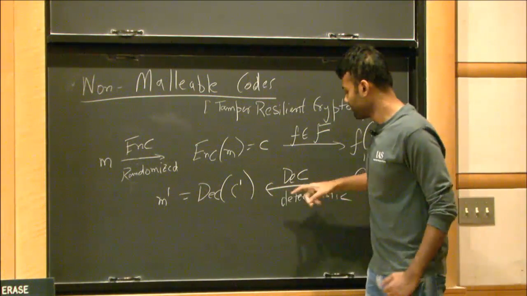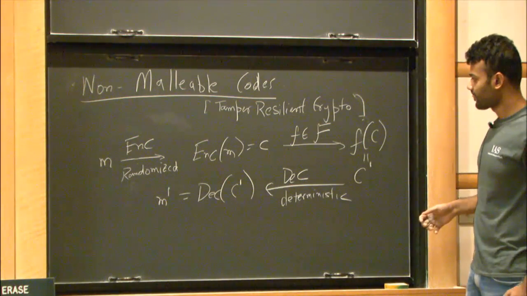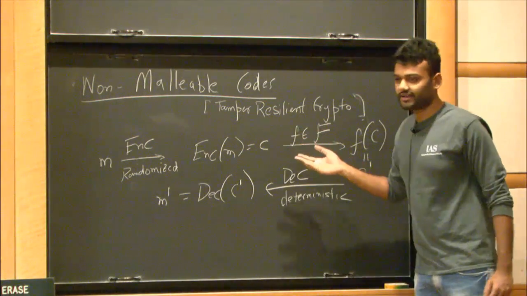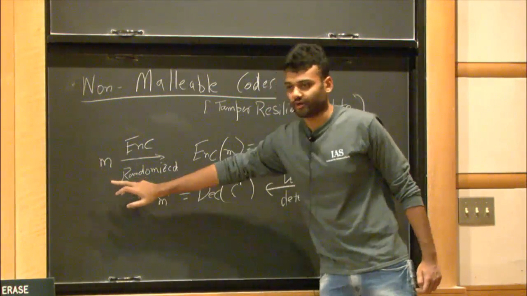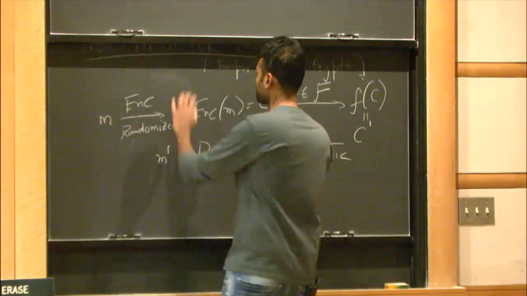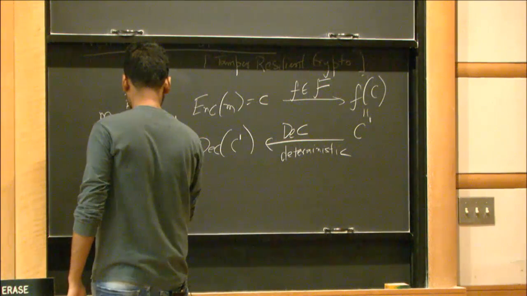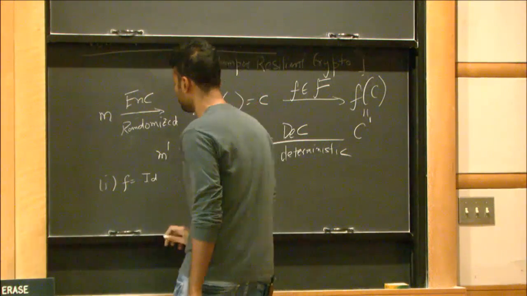By decoding, you get a distribution back on the space of messages. The first guarantee you'd want is that if f is actually the identity function, then M prime equals M.